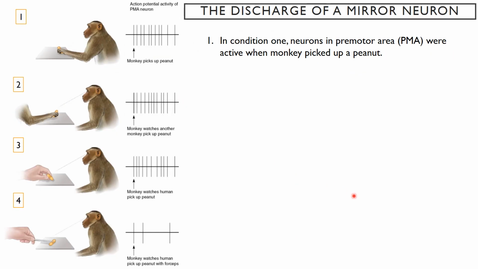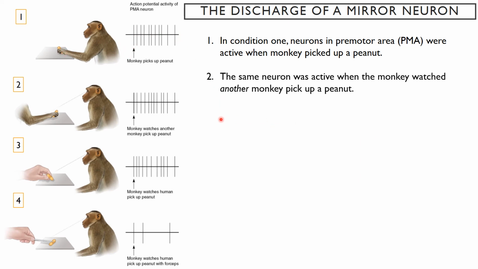Let's walk through the different kinds of conditions related to the activity of mirror neurons. So in condition 1, we're recording from this premotor area, and the monkey picks up a nut, and the premotor area starts to fire. Condition 2, we're recording from the same neuron, and this monkey watches another monkey pick up the peanut. It also fires.